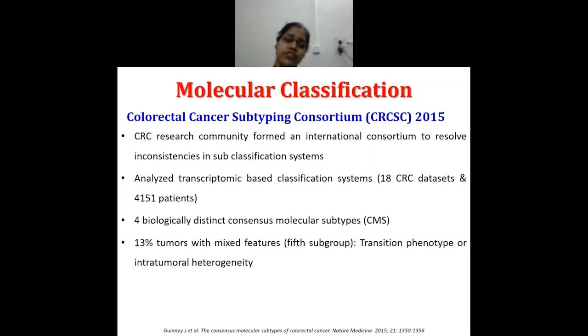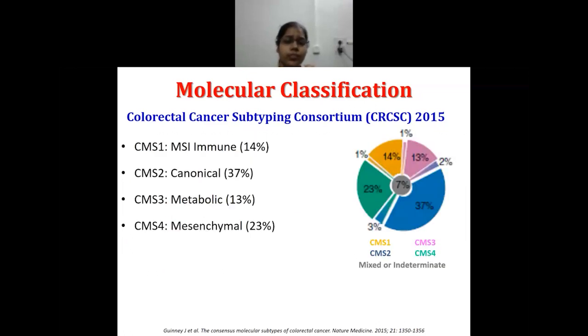They also mentioned that there were some tumors which had mixed features and were subclassified as the fifth subgroup with 13% patients, and they were thought to represent transition phenotype or intratumoral heterogeneity.